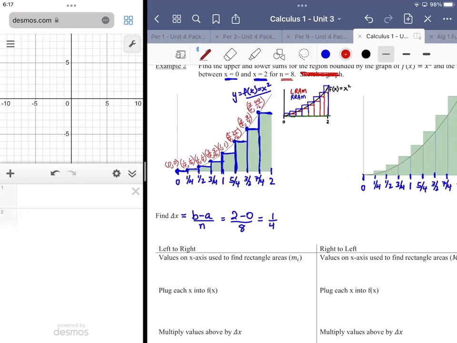Every one of those coordinates is relevant. There should be a total of 8 of them: 1, 2, 3, 4, 5, 6, 7, 8.